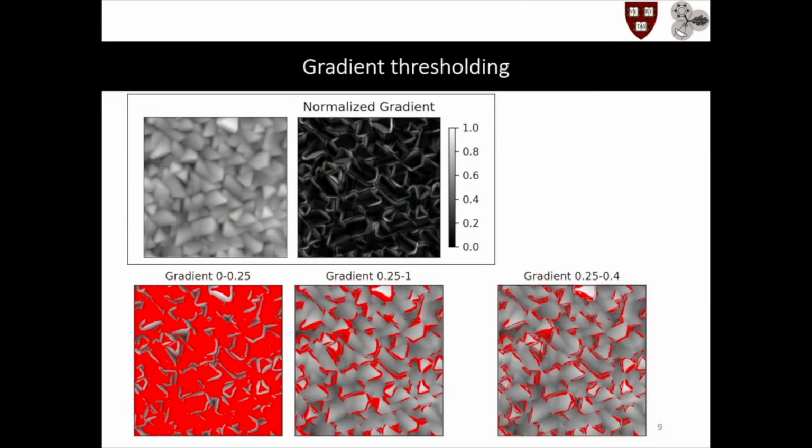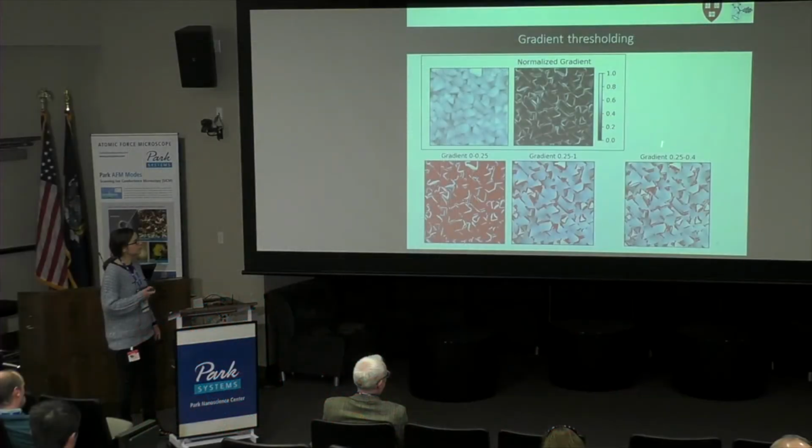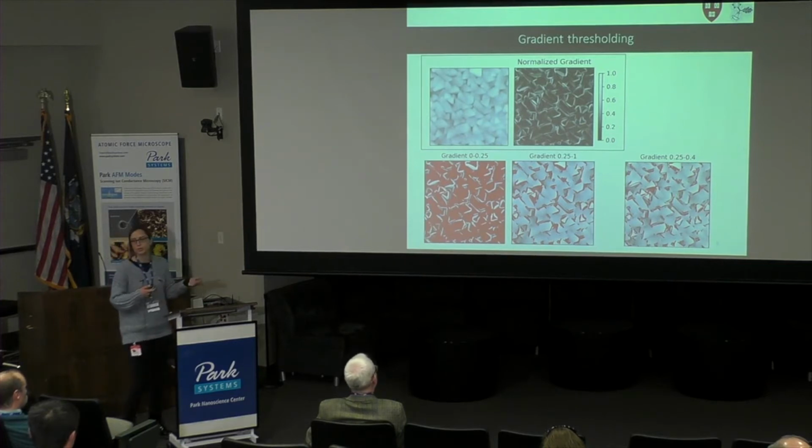If we look at what those values represent, the lower gradients, so the smaller slopes, are essentially the facets, while the higher gradients show the edges which we're interested in. So I sampled the smallest portion of this gradient that shows the thinnest possible edge without losing too much signal.